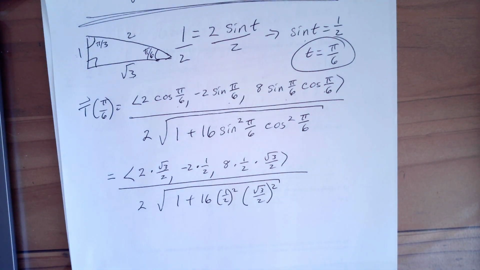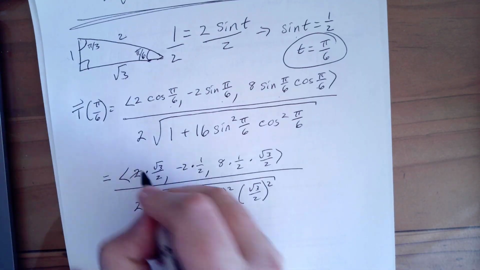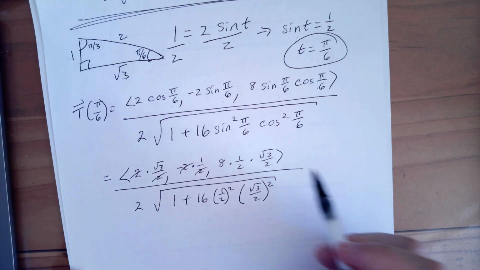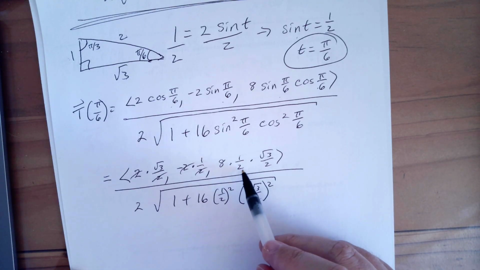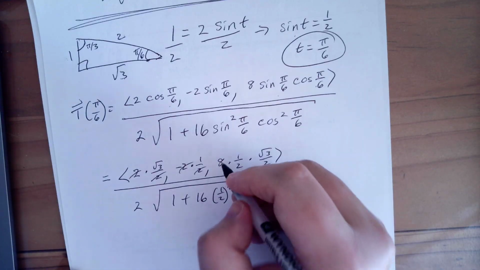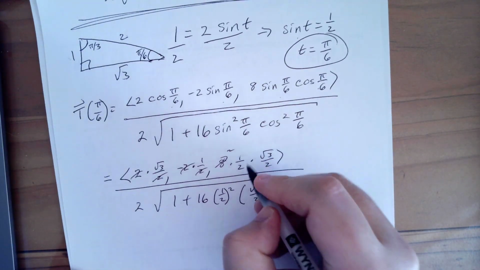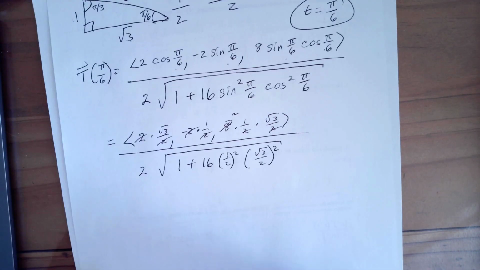Hopefully that makes sense. So here, 2's cancel, 2's cancel. This is going to be 8 divided by the 4, so we're going to end up with a 2 here. These will all cancel out.